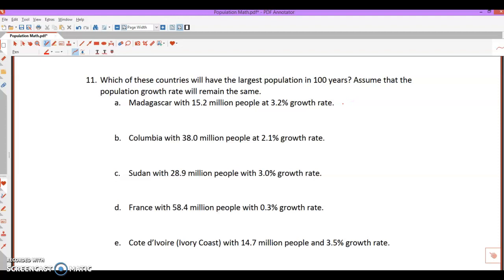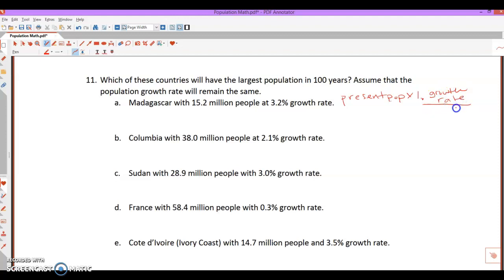So it is going to be the present population, okay? The present population times, so multiplied, 1 point, okay, 1 point, and then the part behind the decimal is the growth rate.